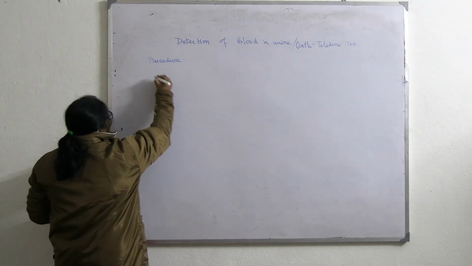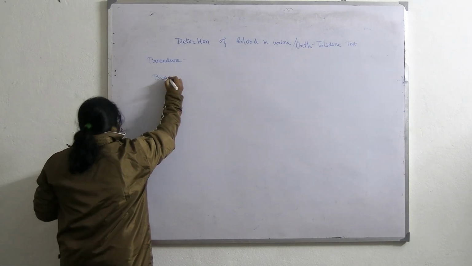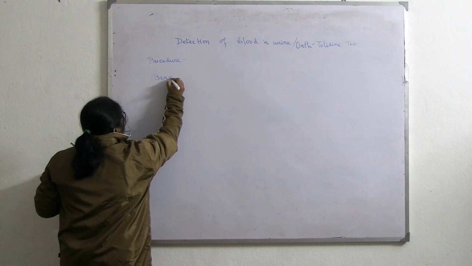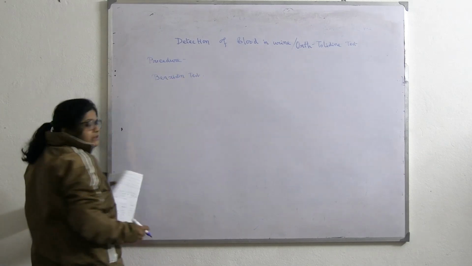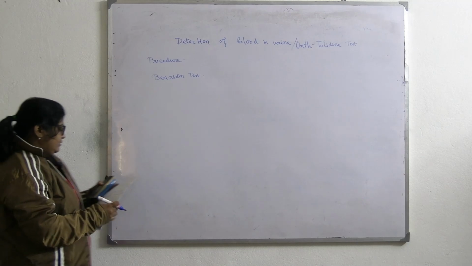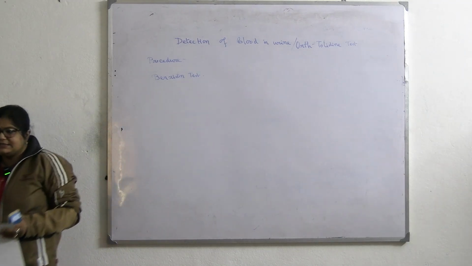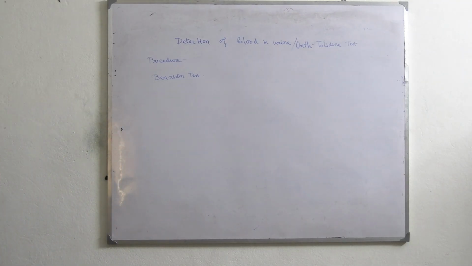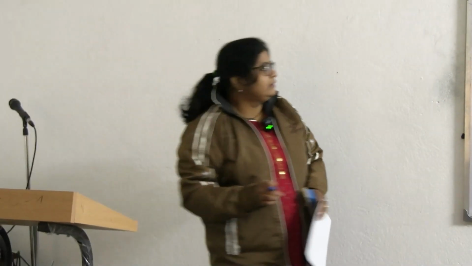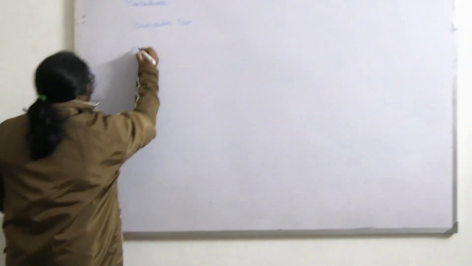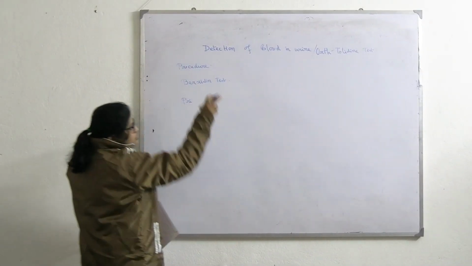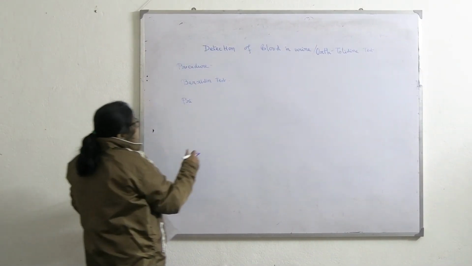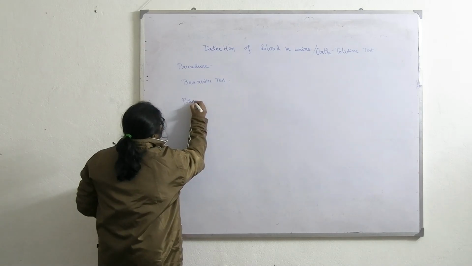Next test is benzidine test. The principle is also the same as the orthotoluidine test. It is also based on the peroxidase activity. The principle is the same, except that in case of orthotoluidine test we use orthotoluidine, in case of benzidine test we use benzidine.